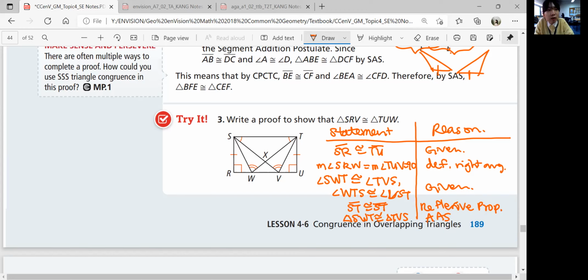So by CPCTC, we know that SV is congruent to TW. And also, because of these two given pieces of information, we can say that triangles SRV and TUW are congruent by HL theorem. Okay, so we're done. Triangles SRV and TUW are congruent.